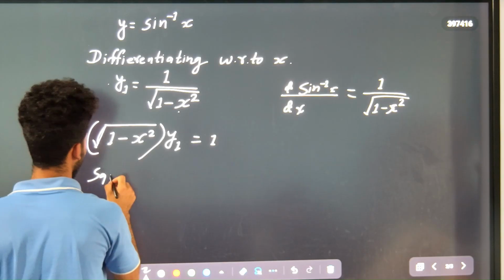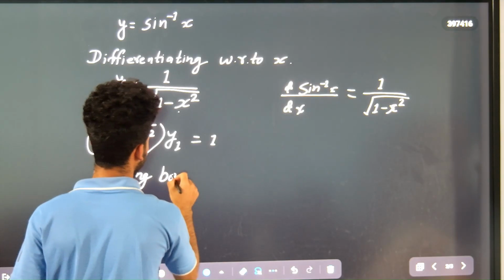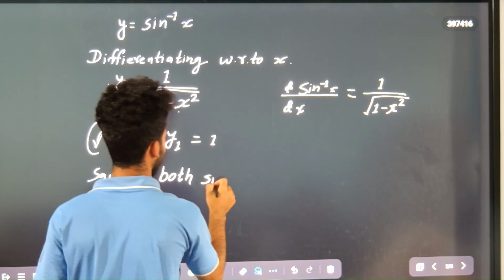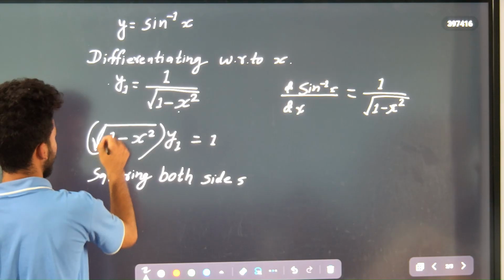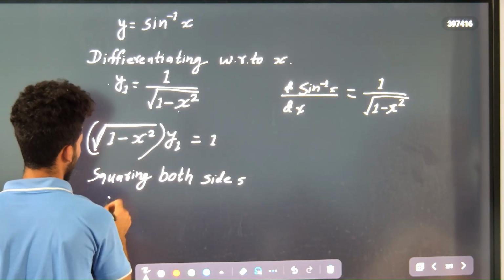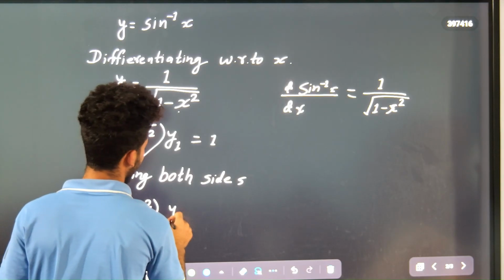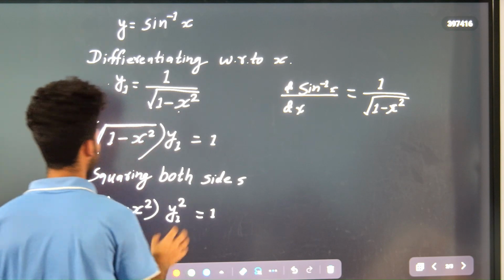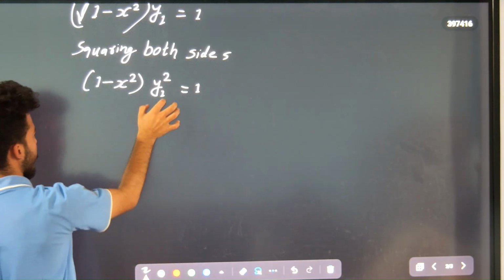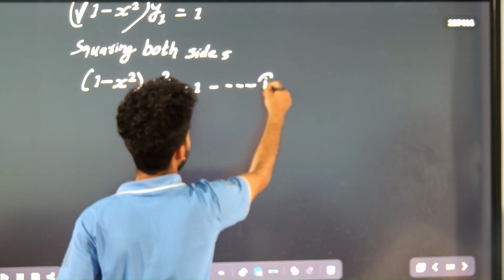So squaring both sides, now this root term eliminates, 1 minus x square y1 square equals 1. This is equation 1.